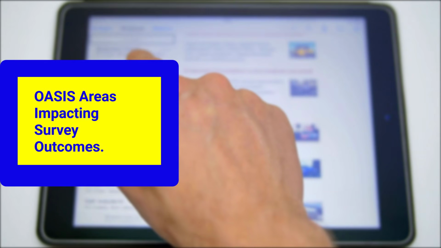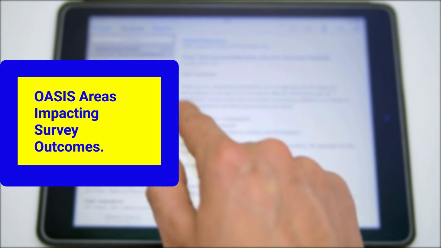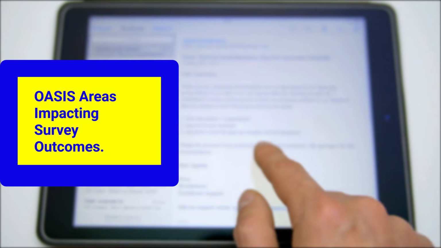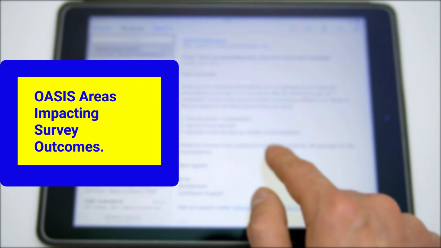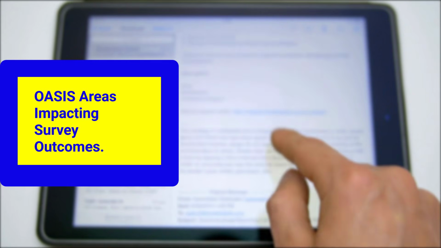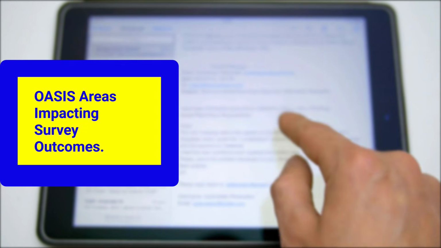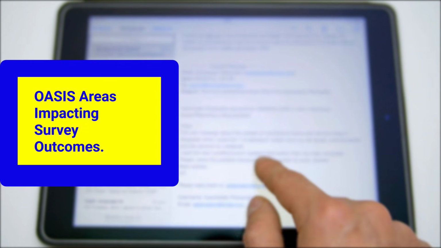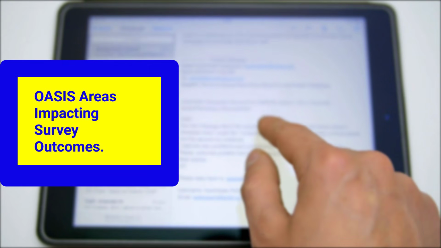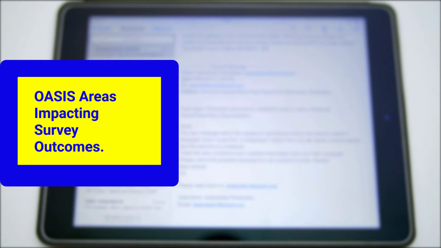The following are the OASIS areas that impact survey outcomes: patient identification, hospitalization and emergent care risk, vaccination status, depression screening, pain assessment, fall risk, pressure ulcers and skin integrity care, medication review and management, emergent care and avoidable events, functional status accuracy, patient preferences and care goals, patient education and emergency preparedness.